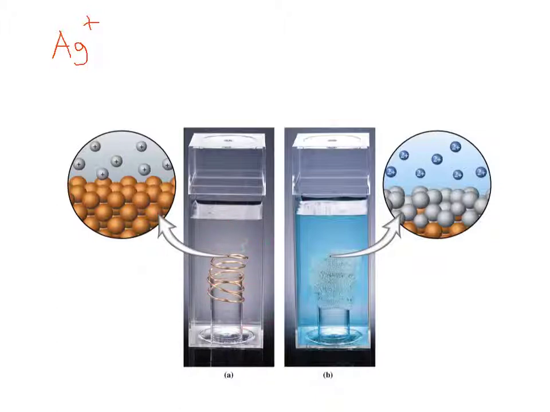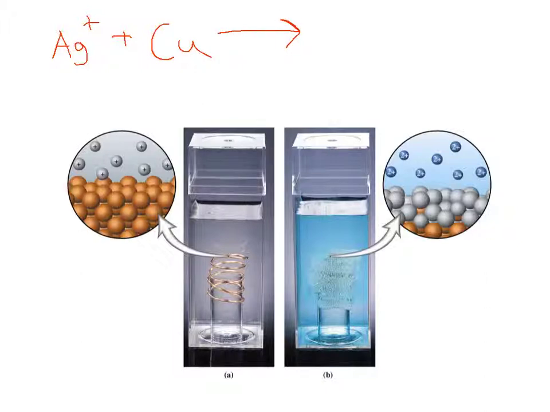Yeah, there's nitrate up in here, but remember, the silver is separate from the nitrate. It's been separated, it's dissolved. We're only concerned about the silvers here. Now what we're going to do is react that silver with the copper. That's solid copper, it's unionized.